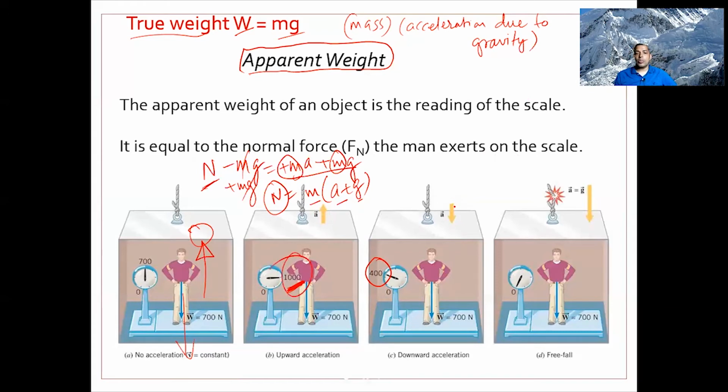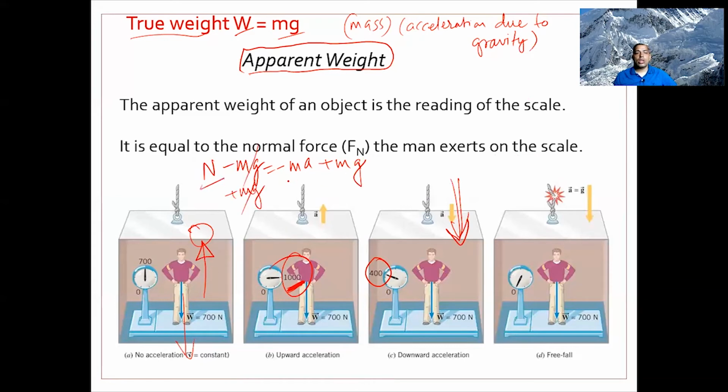But how about if it is going down? Let me show you here. If it is going down, this guy is negative. This is the net force, but when it goes down, your ma is negative. So if you add plus mg on both sides, what do you get? This mg cancels out.